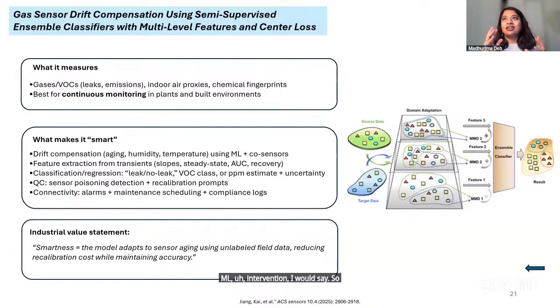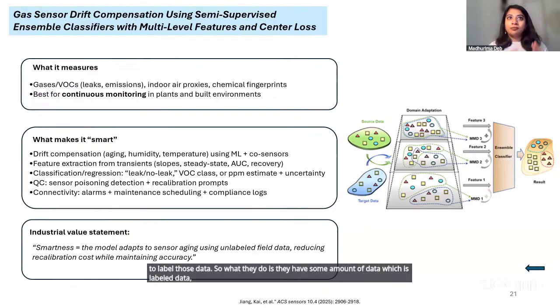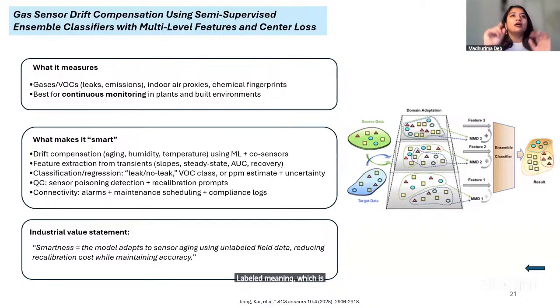First, they get the sensor data. If you want to label all the data manually, and I'm talking about millions of data points, it's very difficult. So they have some amount of labeled data, labeled meaning which is good and which is bad. With that data, they use some non-labeled data, which is fed into the domain adaptation part.